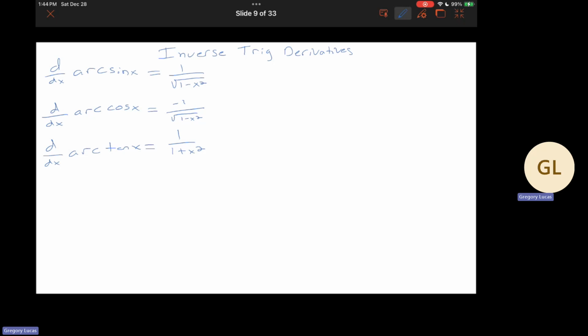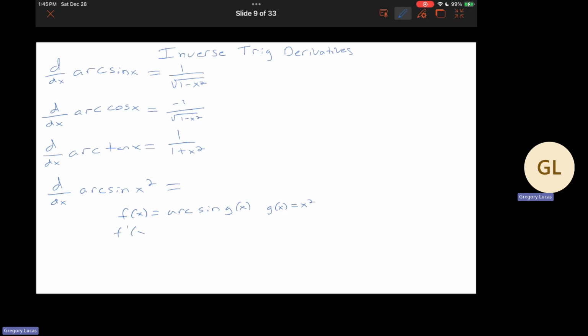Let's say we want the derivative of arc sine of x squared. So what we can do is we use basically just our chain rule here. So if we take the arc sine as our f of x, so arc sine of g of x, and our g of x is x squared.